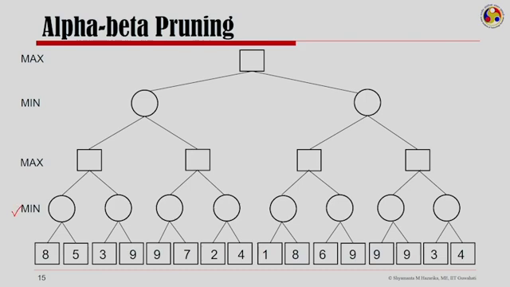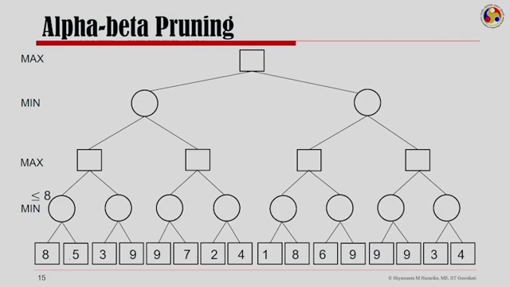If you look at the min node there, I have 8 and 5. Min expects that the minimum should come, and I know 5 should be there, but then I am doing a depth first search and I am doing alpha beta. So, here I will first give min the value that it could be something which is less than or equal to 8.